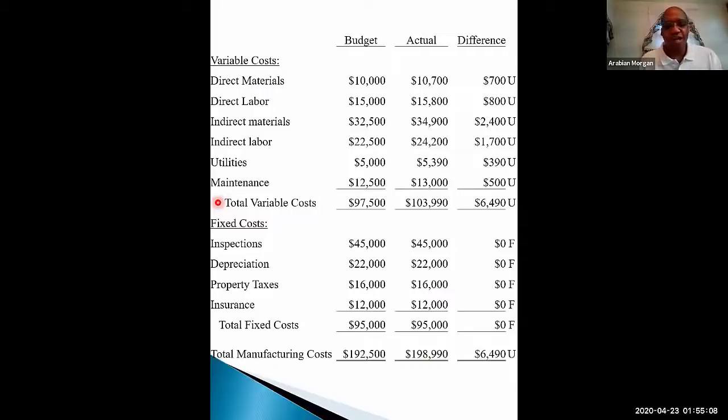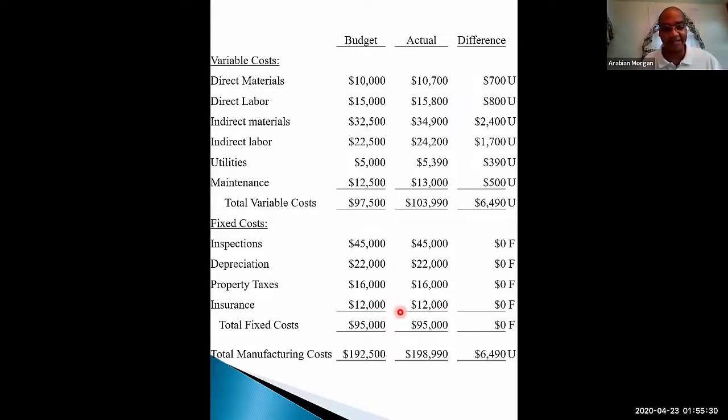Now, before we move on, I do want to indicate that there will be differences between your fixed cost budgeted amounts and your fixed cost actual amounts in the real world, and sometimes even in a classroom setting. So don't just think because it's a fixed cost that your actual and your budgeted amounts are always going to be the same.